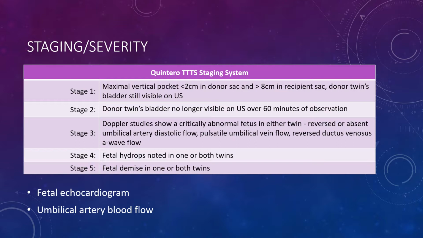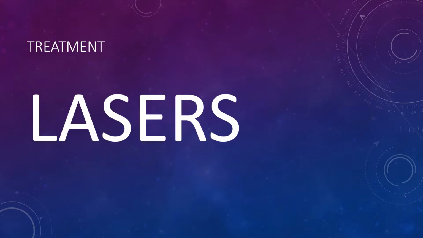And then you can also look at the umbilical artery blood flow, mainly in the donor twin, because what will happen is the donor twin's heart can no longer pump hard enough to provide the placenta with blood via their umbilical artery. So since you're not pumping any blood to the artery, you can get no flow or reversal of blood flow back.